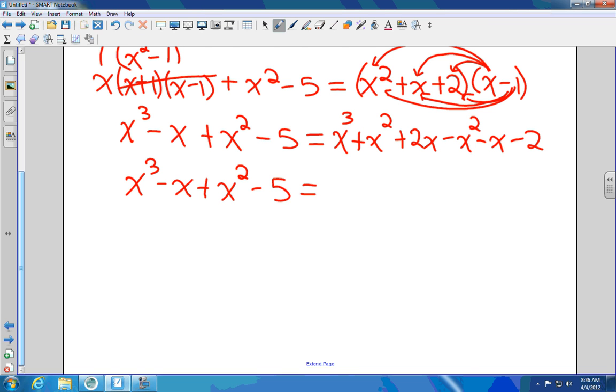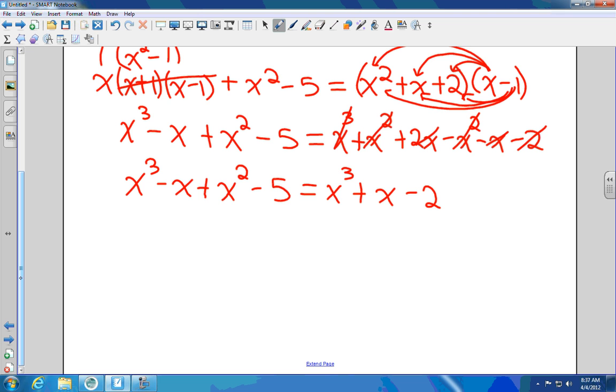Do we have any other x cubed? So that goes down here. X squared. Yeah, we have 1x squared minus x squared, so that cancels out. And then we have 2x minus x, that would be plus x. And we still have the minus 2, so everything's combined there.